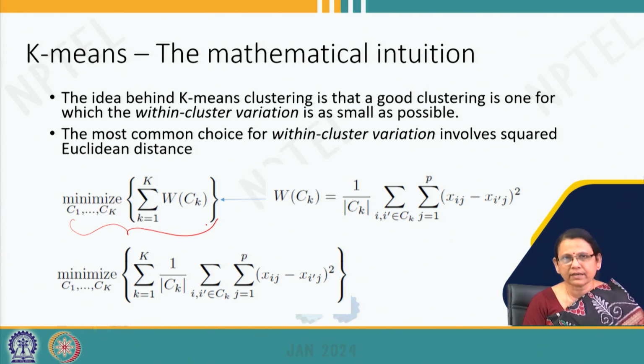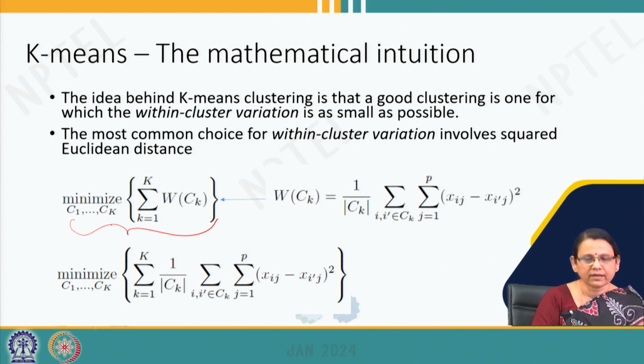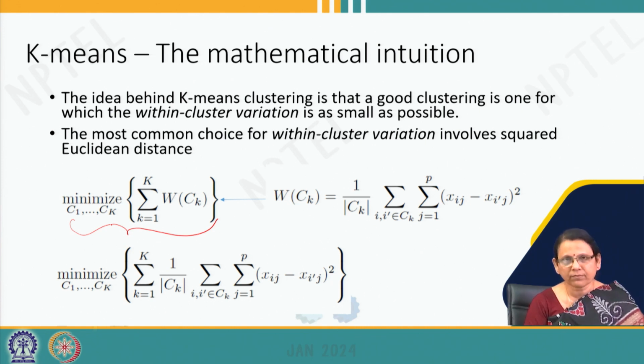Extending it a little further, k is a variable here, so we can find out this sum for different values of k, and for a certain value of k, this is going to be the minimum among all. That may be the right value of k.